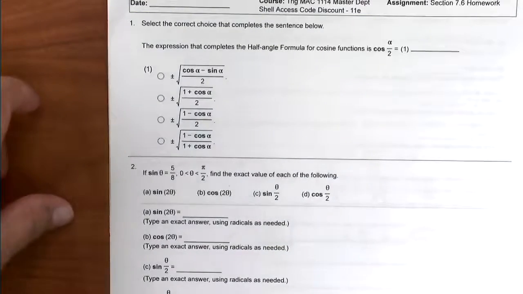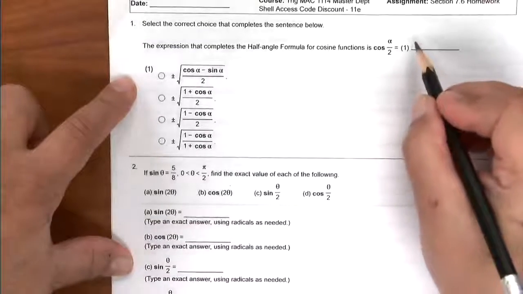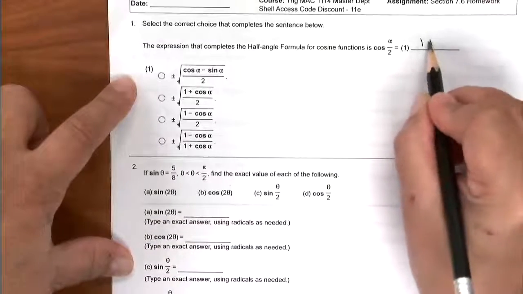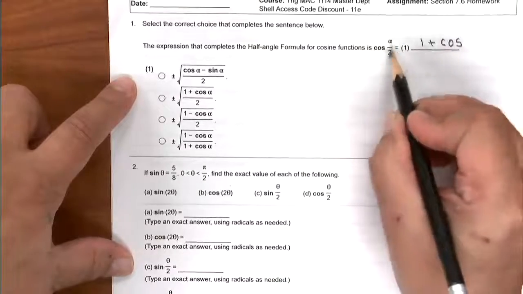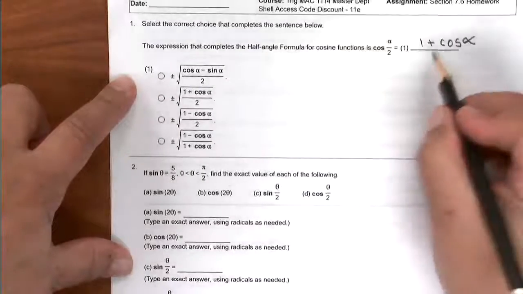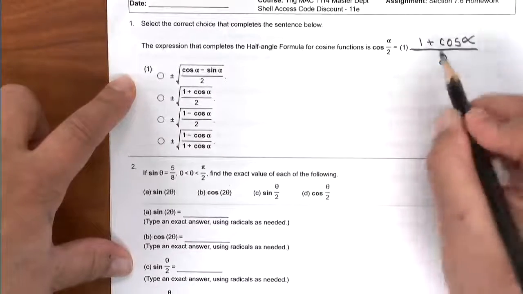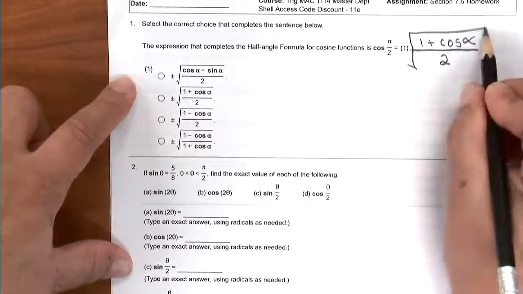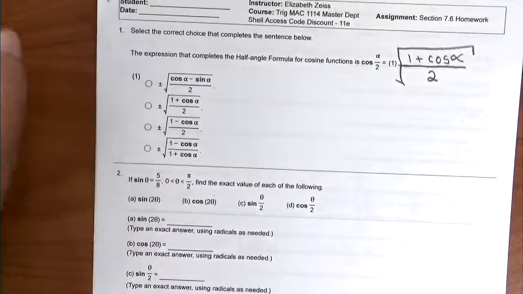It is a fraction, and at the top of the fraction it's 1 plus cosine of the actual angle that they're asking you to cut in half, but without cutting it in half, and then the 2 from the half goes down here, and all of this is underneath the square root. Right off your formula sheet, you're not calculating anything there. They just wanted you to reiterate the formula.